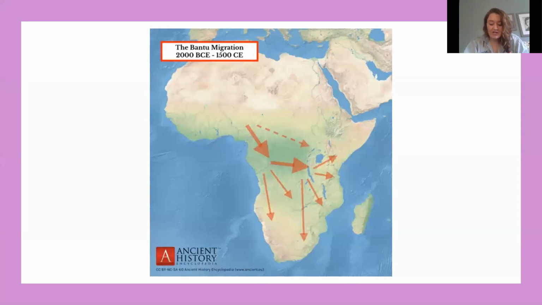The Bantu are a language group of people, the Bantu language, and these are people who originate in this spot in Cameroon, which you can see on the map from where the first arrow and the dotted line arrow start. And they end up migrating during that period of time throughout the continent of Africa, and with that, they spread their language.